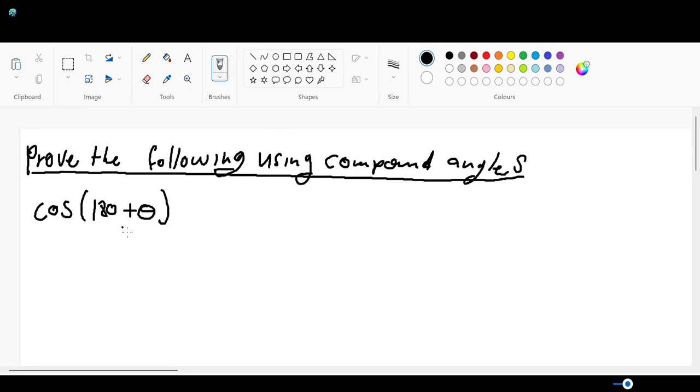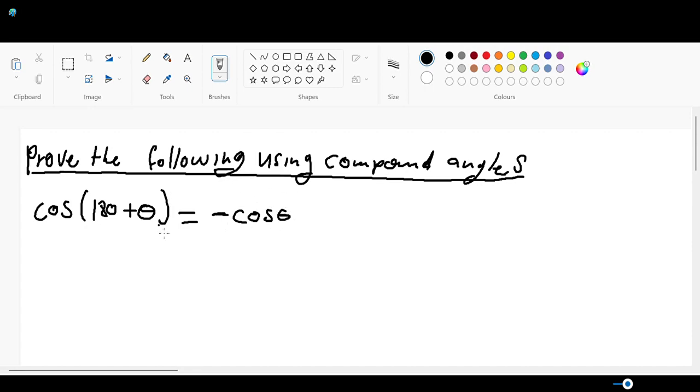If you don't know what we're talking about, go back and watch the playlist where I explain the CAST diagram and where certain trigonometric ratios are positive and where they are not. So on the third quadrant, cos is negative, and because this is a 180 rule, this equals negative cos theta.